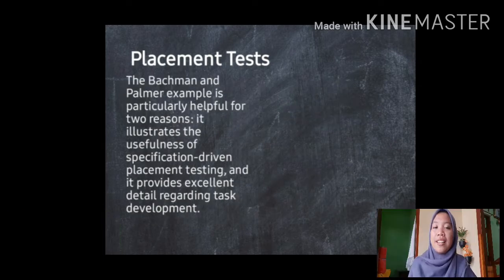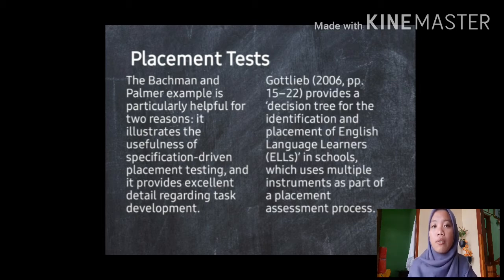Talking about placement tests. Placement tests occur in both higher stakes and lower stakes settings. The Bachman and Palmer example is particularly helpful for two reasons. It illustrates the usefulness of specification-driven placement testing, and it provides excellent detail regarding task development.